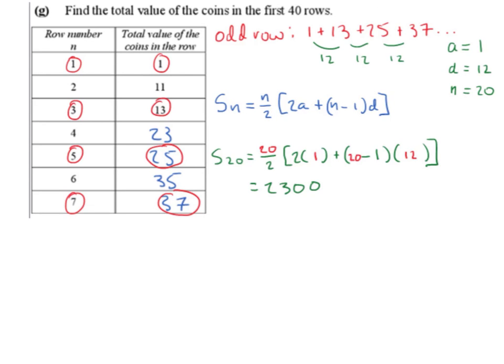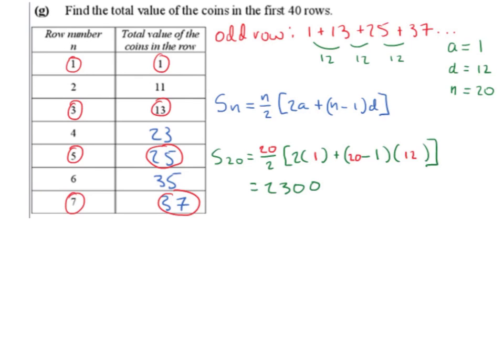G. Find the total value of the coins in the first 40 rows. The total value. Okay, so our odd rows, odd being 1, 3, 5, and 7, so our first, third, fifth, and seventh rows, have total values of coins being 1, 13, 25, 37. So 1 plus 13 plus 25 plus 37 dot dot dot. This is our arithmetic series. So we're going to use our sum of series formula from our formula tables.